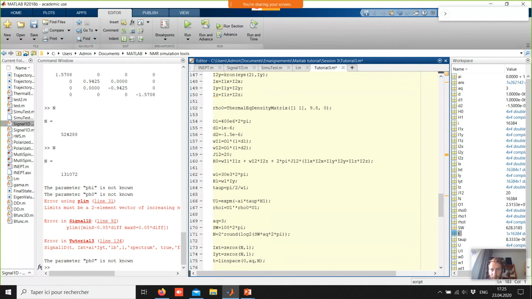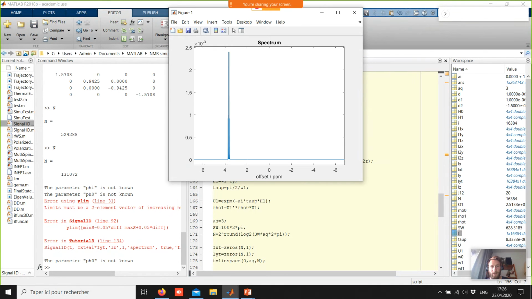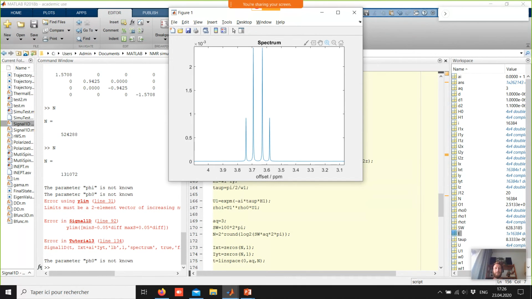So I had a J coupling of 20 Hertz. Now just to play a little bit, let's see what happens if I make these two peaks, where I don't neglect the full J Hamiltonian, very close. I run the code. So here I have a very strong roof effect, and it looks like a quadruplet.